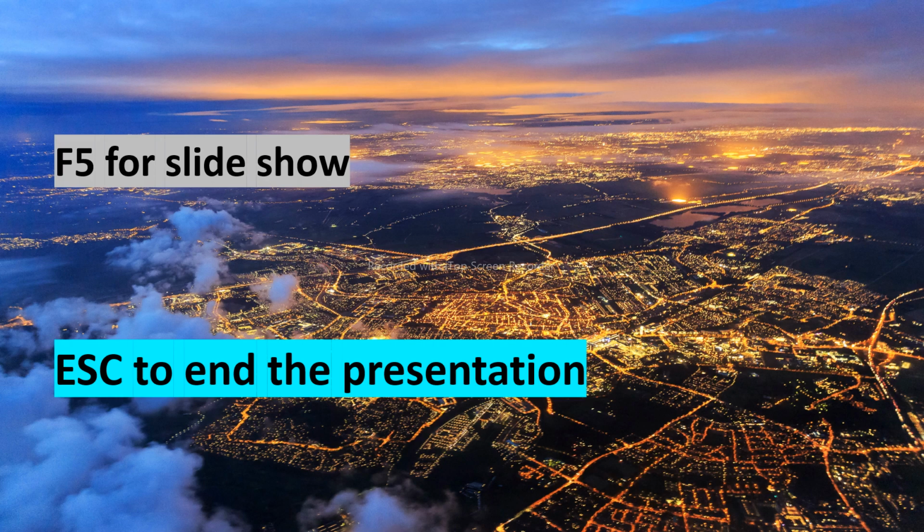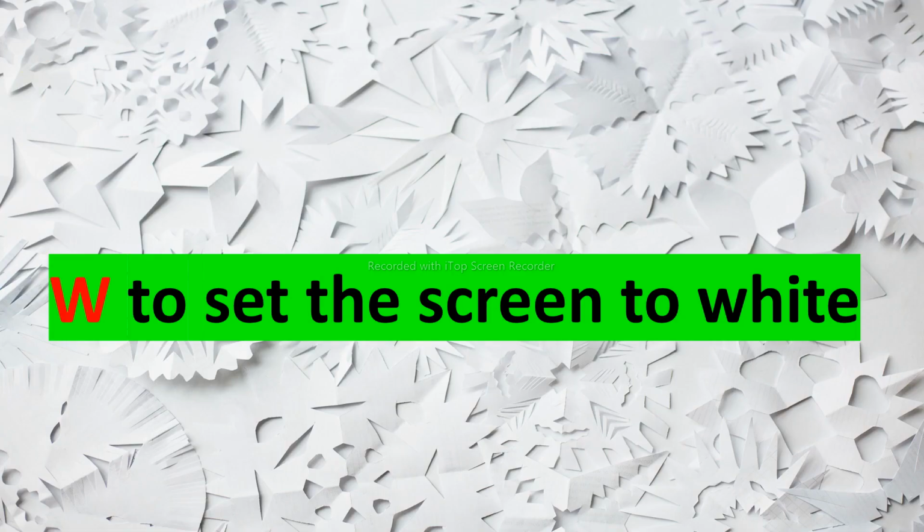Shortcut key number 2 is that you can press W to set the screen to white. Maybe people in the room are being disturbing, and you want to stop the presentation a little bit, so you can turn your screen to white.